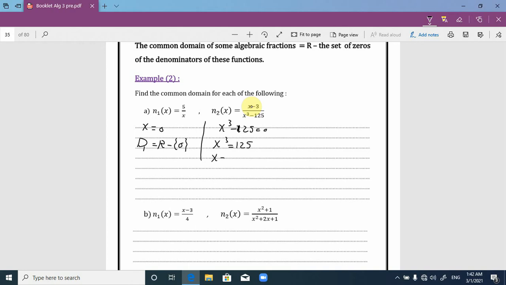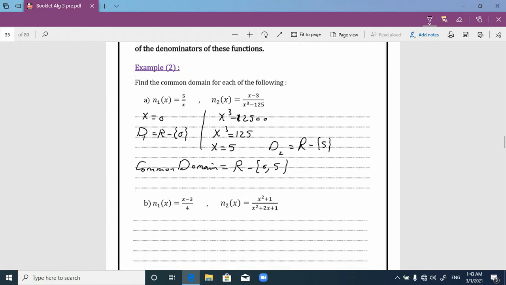So x equals the cubic root of 125, which equals 5. So d2 equals R minus {5}. So the common domain of these two fraction functions is R minus {0, 5}.